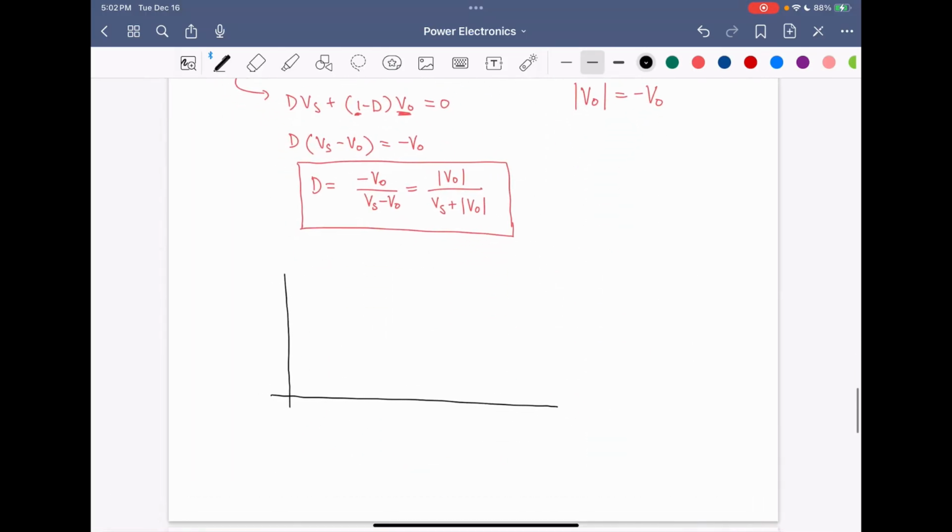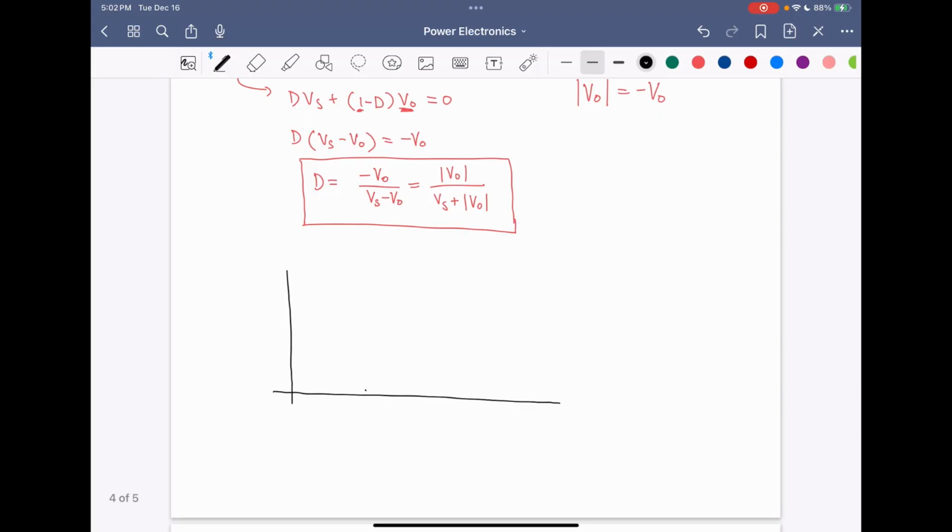So that means that during the dT interval, we have the inductor current linearly increasing with slope Vs over L. And then in the d prime T interval, we have the inductor current decreasing with slope Vo over L. And because we're operating in periodic steady state, this waveform will just repeat continuously.